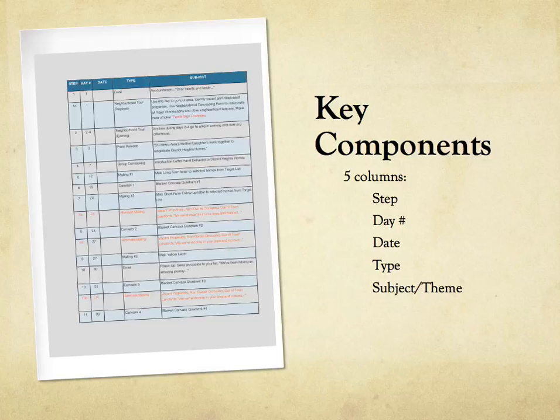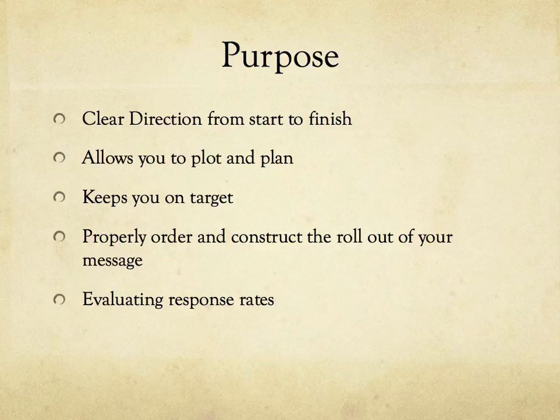And what this will allow you to do, guys, is start evaluating your response rates. If you're working a quadrant and have mailings going to different quadrants or different mailing routes at different times, as leads come in and marketing pieces get responses, you'll be able to talk to them, ask them how they heard about you, and you'll know what piece they more than likely got that got you that call.